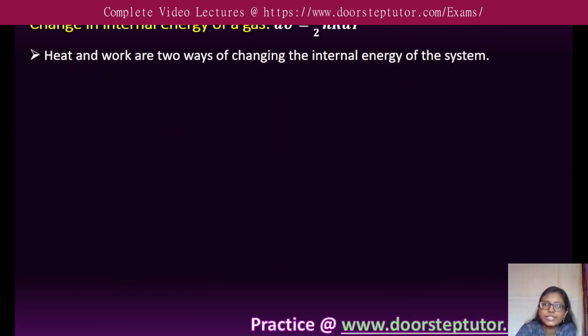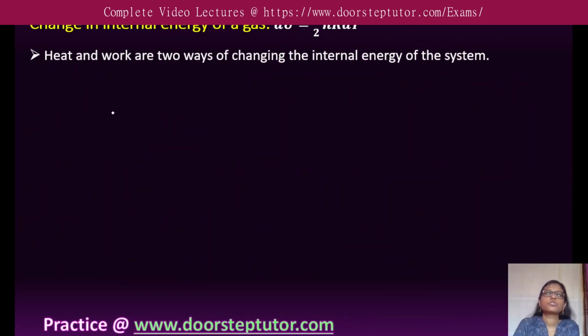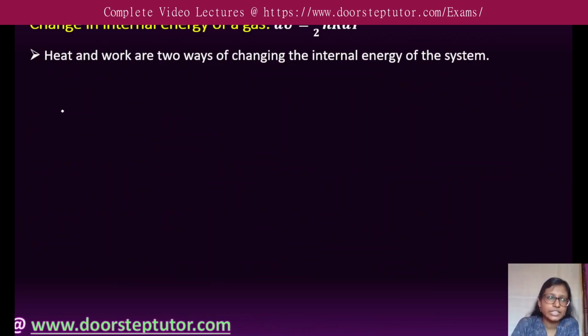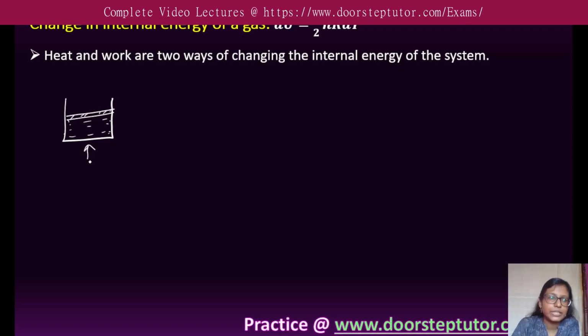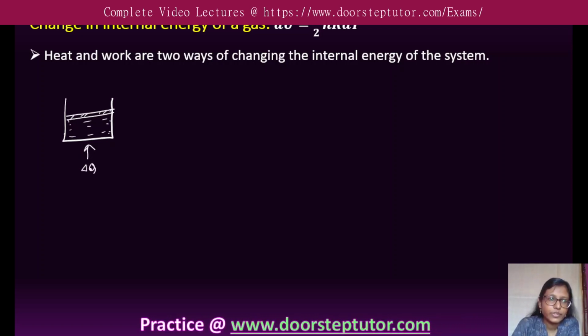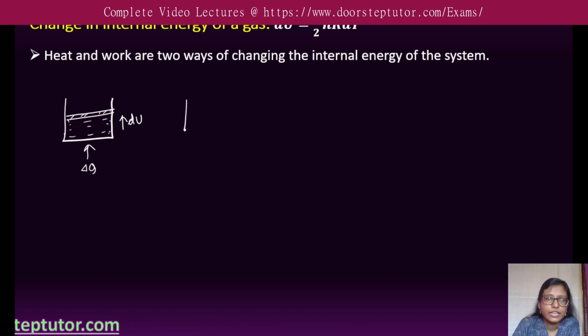So next, the change in internal energy of a gas. Change in internal energy can be brought about in two ways. First, say we have a thermodynamic system consisting of a piston at rest and filled with ideal gas. If we apply some heat, then there will be an increase in its internal energy.